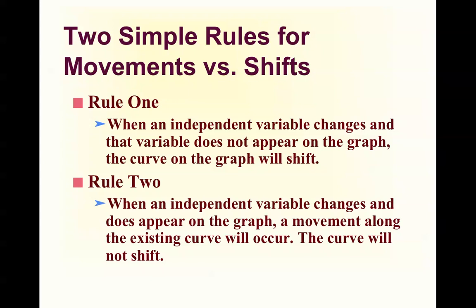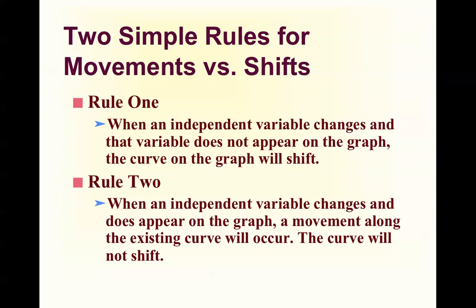And 2 simple rules for movements and shifts. We'll be looking at this a lot more in Chapter 4, but just keep in mind that rule number 1, when an independent variable changes and that variable does not appear on the graph, the curve on the graph will shift.